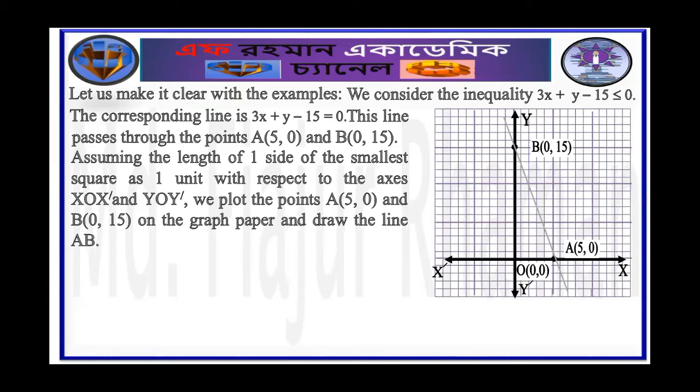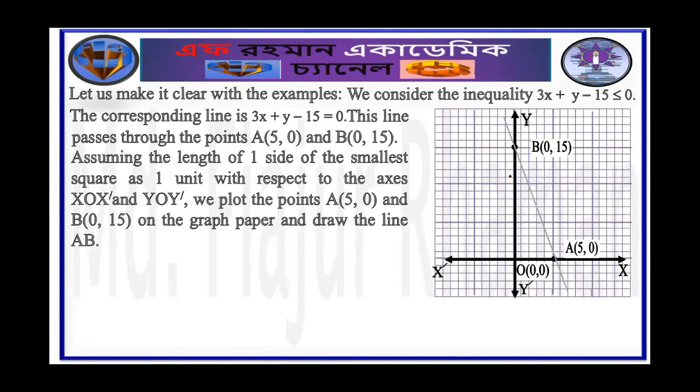Since one square is considered as 1 unit, that's why OA will be the length of 5 smallest squares. And similarly, OB will be the length of 15 smallest squares.